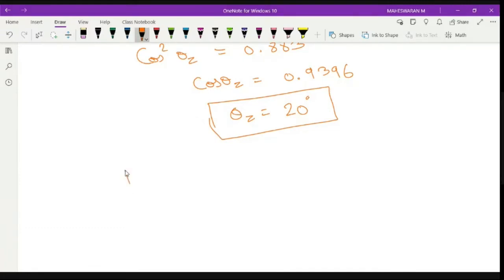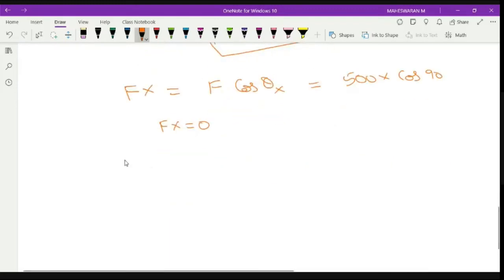Now I have to identify Fx. Fx is equal to F cos theta x, right? F is 500 and theta x is 90 degree, which means Fx is 0. Similarly, I can identify Fy.